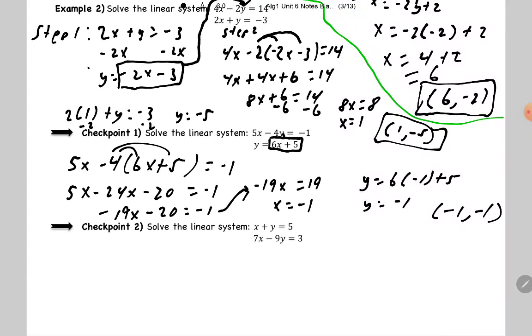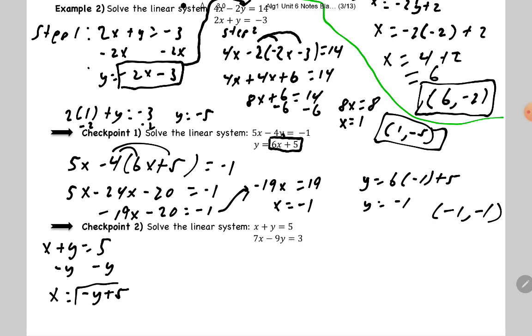Checkpoint 2. So I'm going to work with the first equation, x plus y equals 5. Now I can solve for y or solve for x with this one. It doesn't matter which way you do it, but I'm just going to solve for x this time. x equals negative y plus 5.